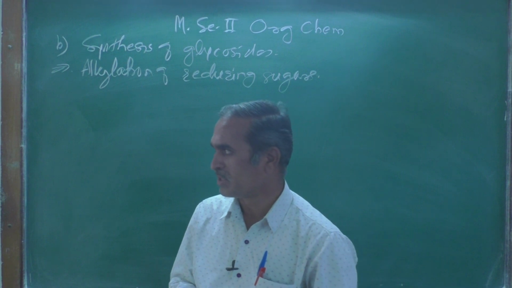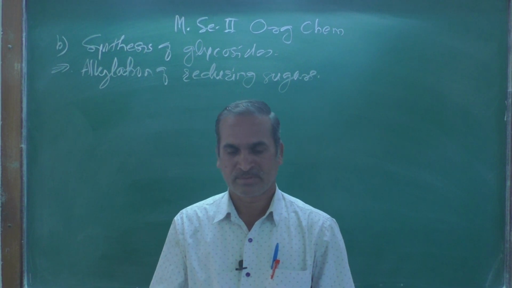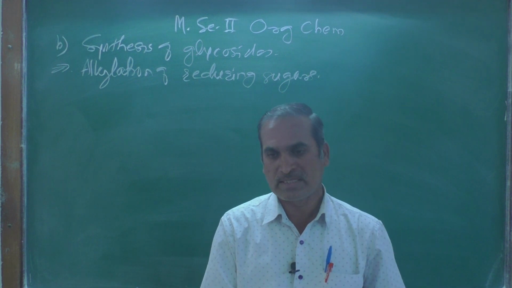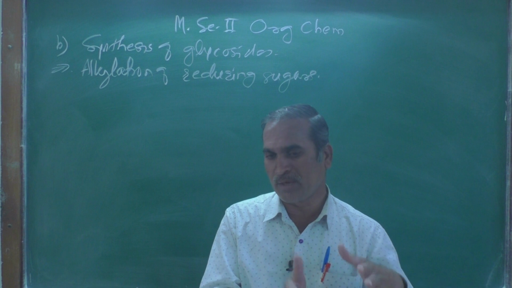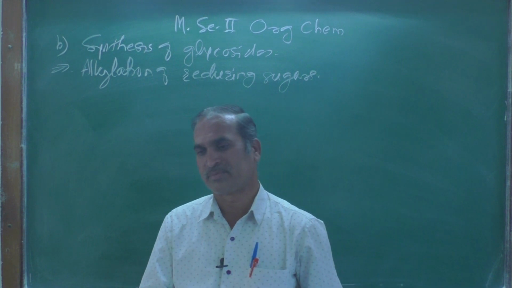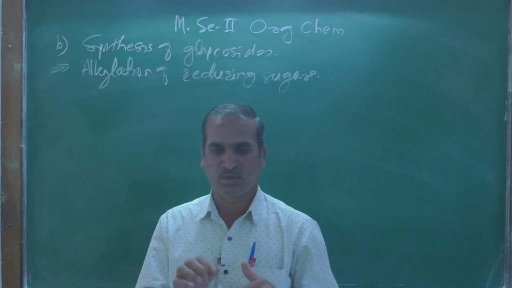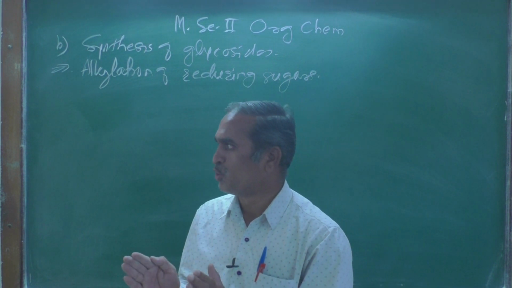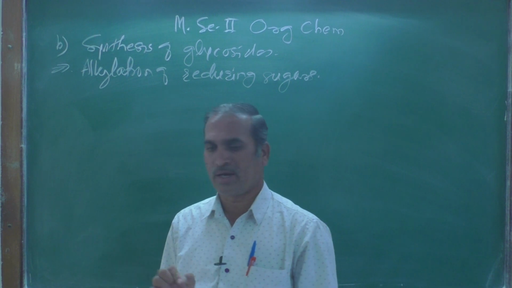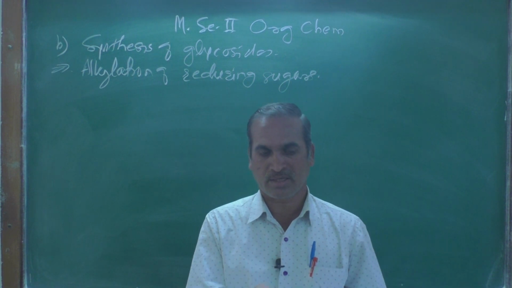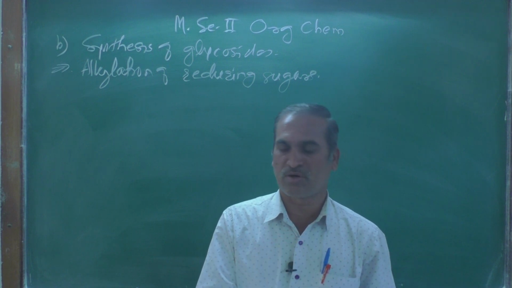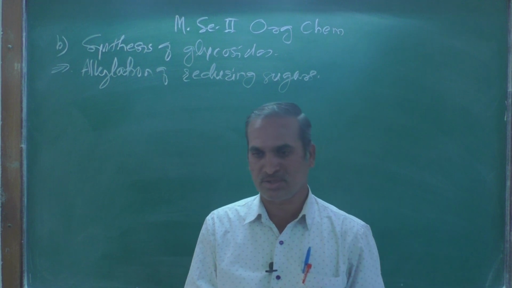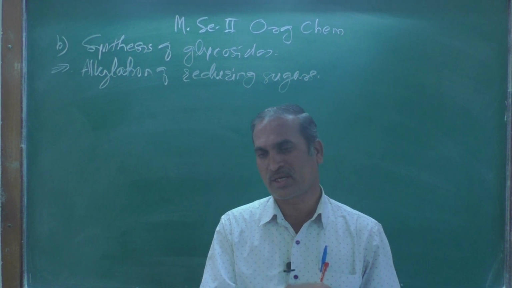glycosylidine derivative. Another way we achieved the diazirine derivative: the starting material we have taken has the anomeric hydroxyl group, shown in a staggered manner, and at carbon number 2 there is a protection of NHAc, and the rest of the groups are protected with benzyl.